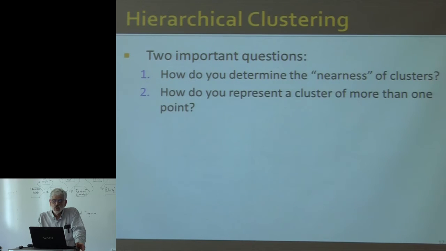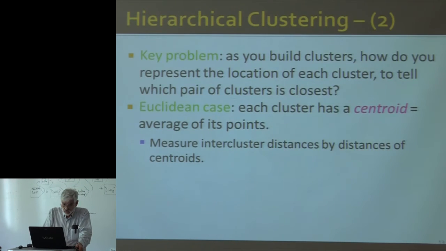Anyway, how do you decide nearness? And a related question is, how would you represent a cluster of more than one point? Ideally, I don't represent it by the entire set of points, but I might have to. So again, I start off with every point being its own cluster.